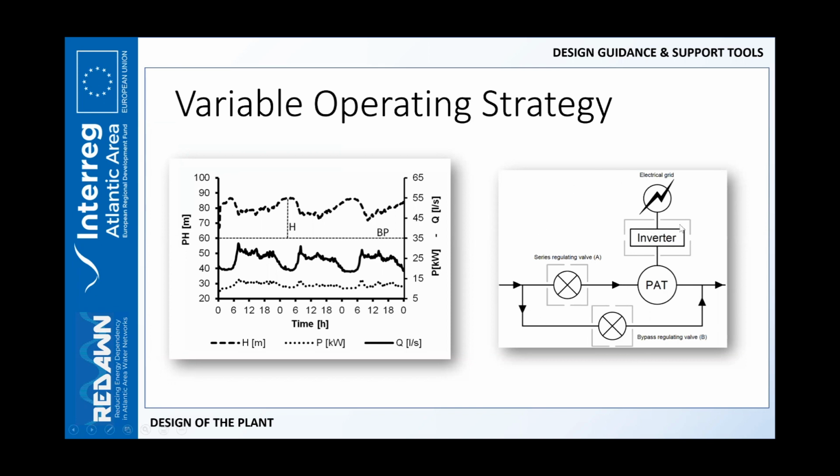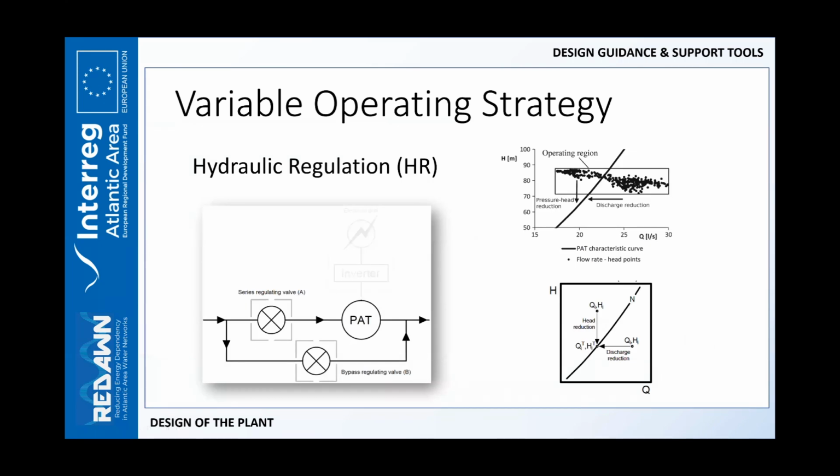Well, all these devices can be present or not. For example, we have a first example where only the two valves are present. This configuration is called hydraulic regulation system, or HR. And as you can see, all these points represent the different conditions of the network. So the available head jump and the available discharge, while this continuous line is the characteristic line of the PAT, of the turbine, rotating at a constant speed.